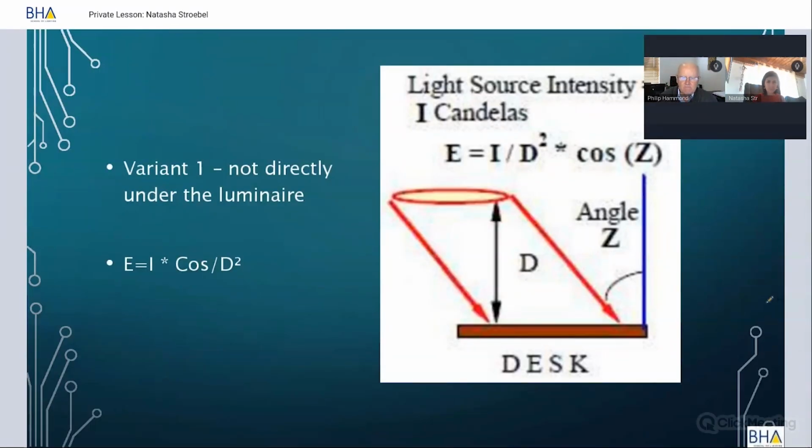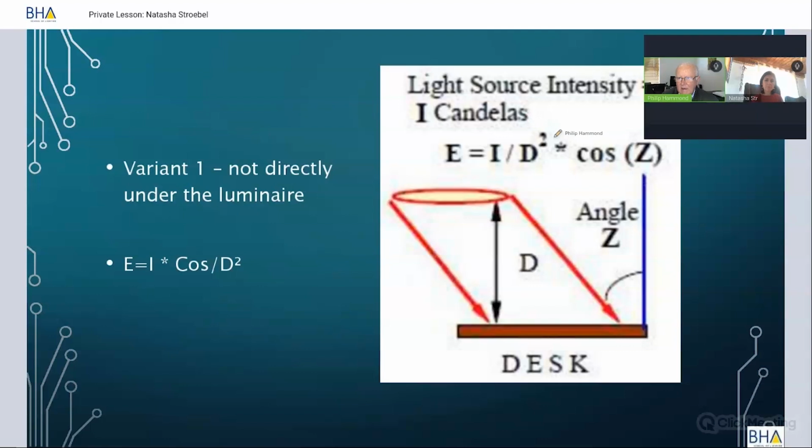So let's look at those. Here we've calculated under the light. Now we want to calculate at the edge of the light. So we use the inverse square law, E equals intensity divided by distance squared.